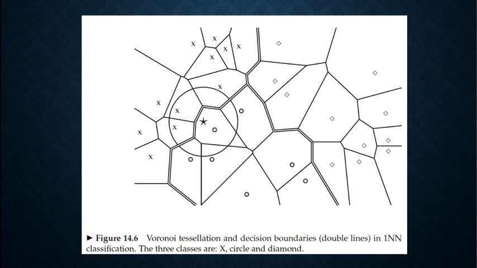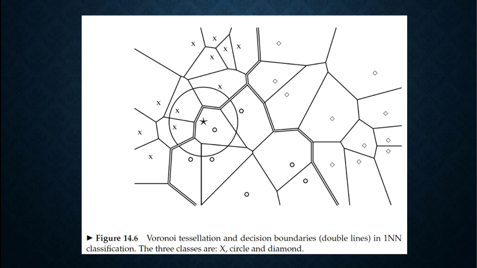The Voronoi tessellation of a set of objects decomposes space into Voronoi cells, where each cell consists of all points that are closer to the object than to other objects. In our case, the objects are documents.